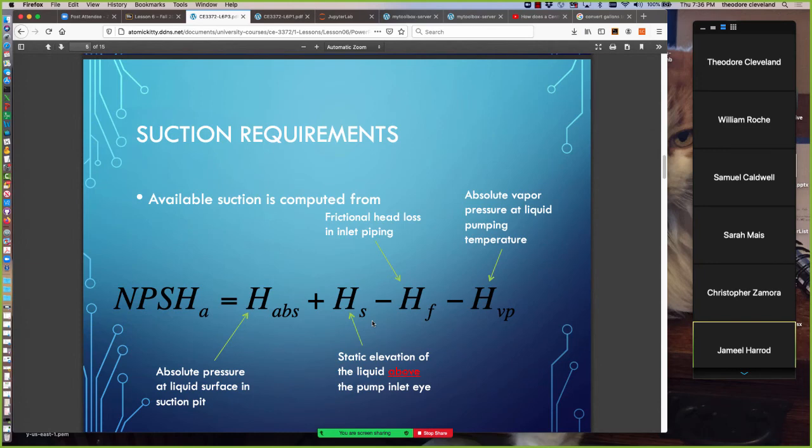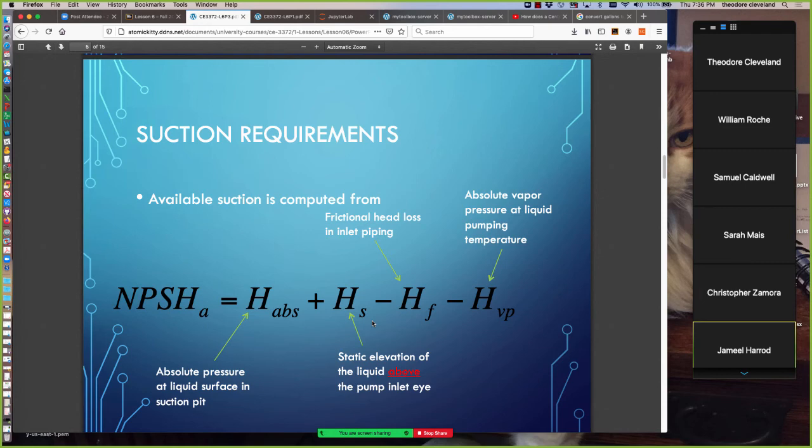We can apply this equation here, which is taken straight from Walker's book. Net positive suction head available is the absolute pressure at the liquid surface in the suction pit of the liquid. That's a temperature and elevation dependent value, plus the static elevation of liquid above the pump inlet eye.